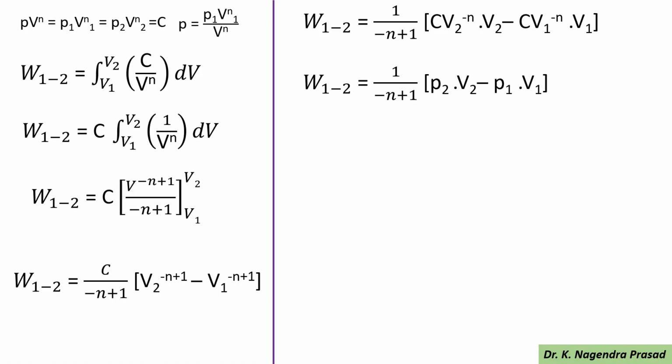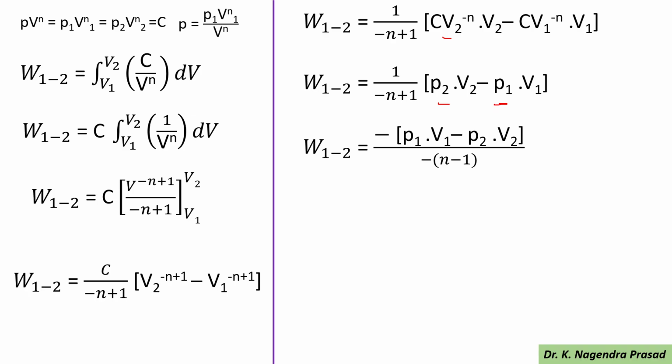From this, C V2^(minus n) becomes P2, and similarly C V1^(minus n) becomes P1. Then the equation can be written as W12 equals 1 divided by (minus n plus 1) into P2 V2 minus P1 V1.